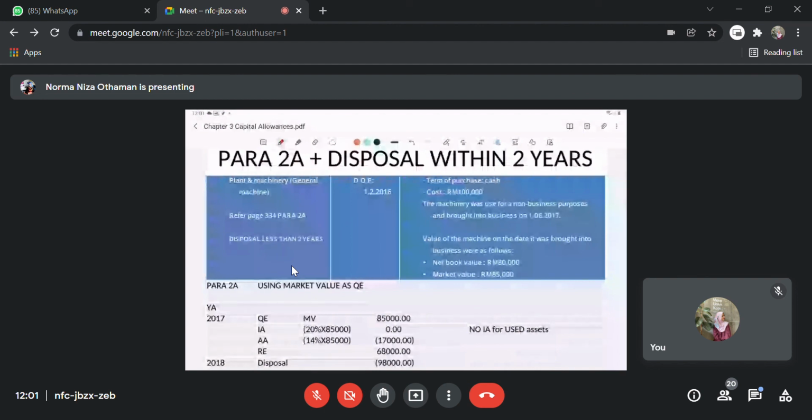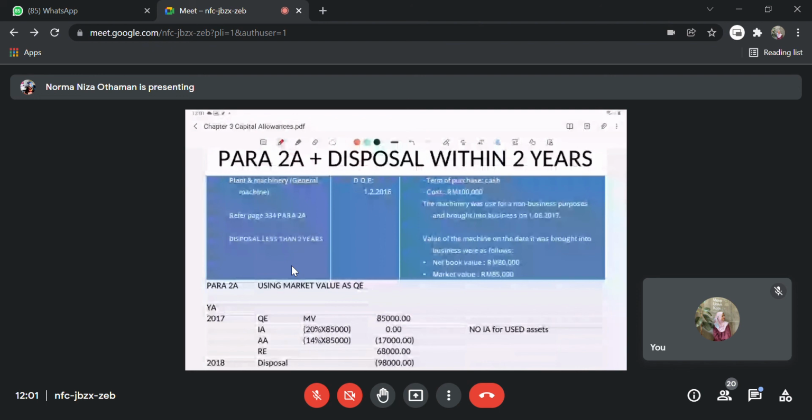Okay, kat sini saya bagi jugalah mana nak tengok paragraph 2A and so on. Tak tahu page dah berubah ke belum. Cuba tengok page 3, 4. Berubah tak? Sebab buku ni dia memang every year berubah. Nanti you cari balik lah page berapa untuk paragraph 2A. Saya dah bagi dalam slide tu sama dengan textbook you all lah.